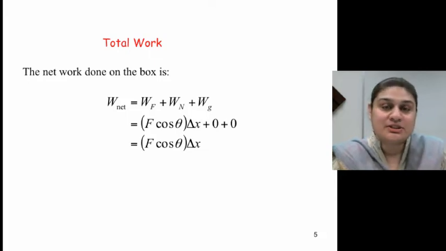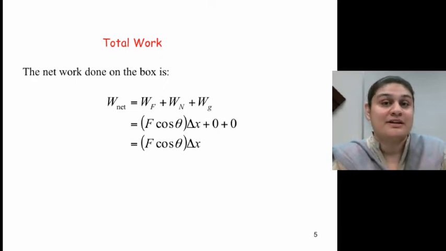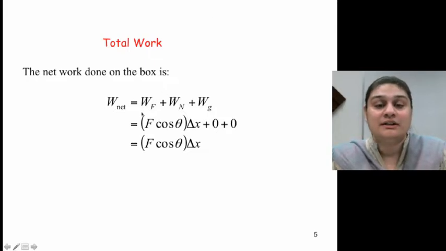In most situations, we will also talk about the total work done on this object. The total work, or net force, is the sum of the applied force plus the normal force plus the gravitational force. As we saw in the last slide, the normal force goes to 0, the force due to gravity goes to 0, and we are only left with the applied force.